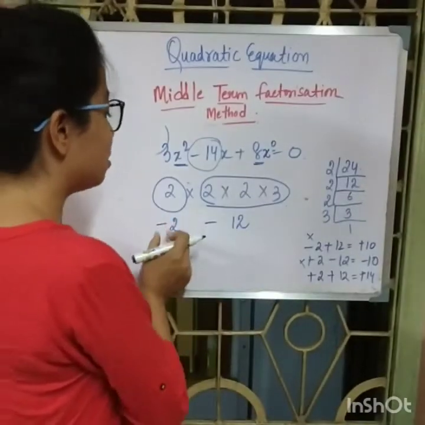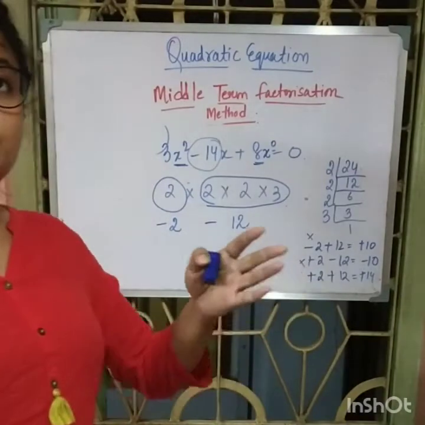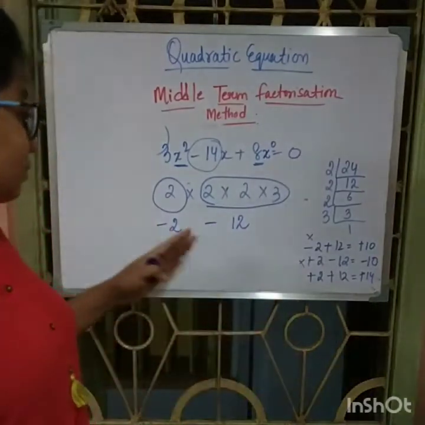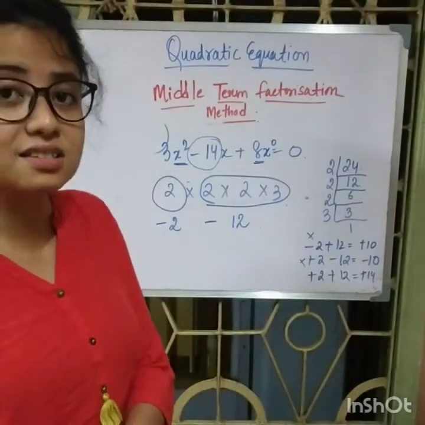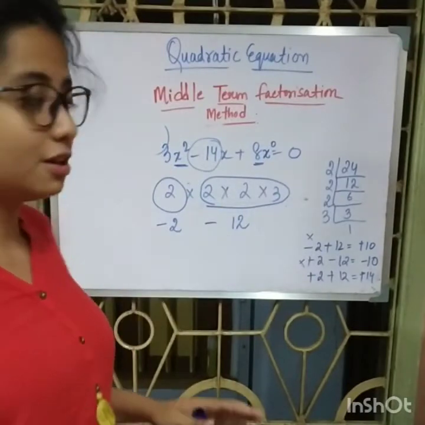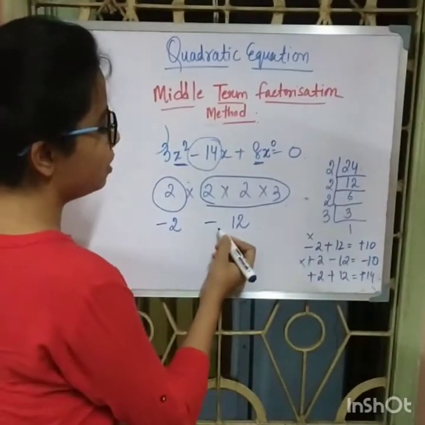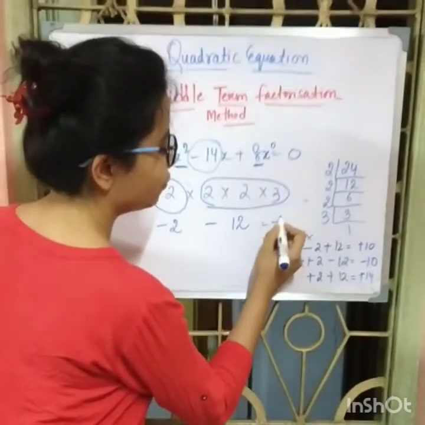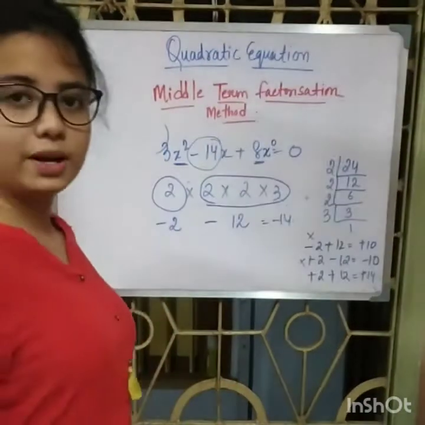So we need to arrange them with their signs in a suitable order, so that the signs lead us to our desired answer. Is it clear? So see, minus 2 and minus 12, if we do this, we'll get minus 14.